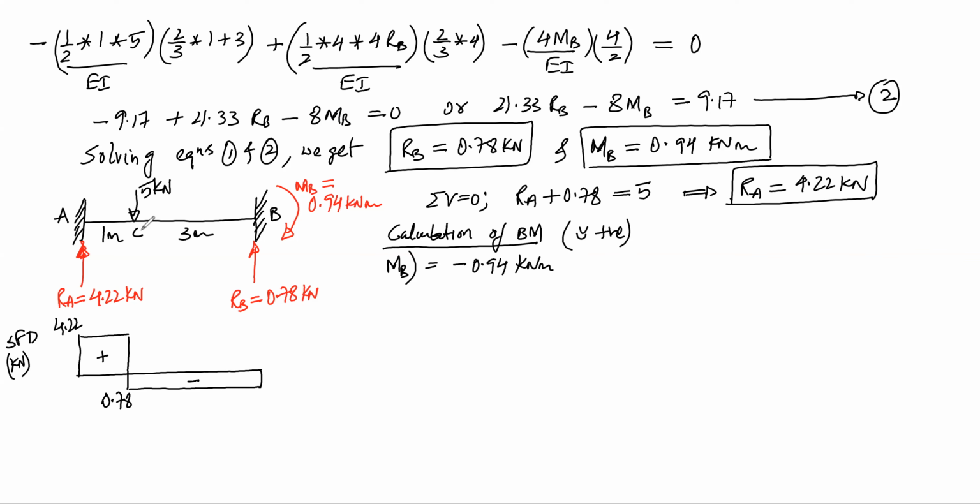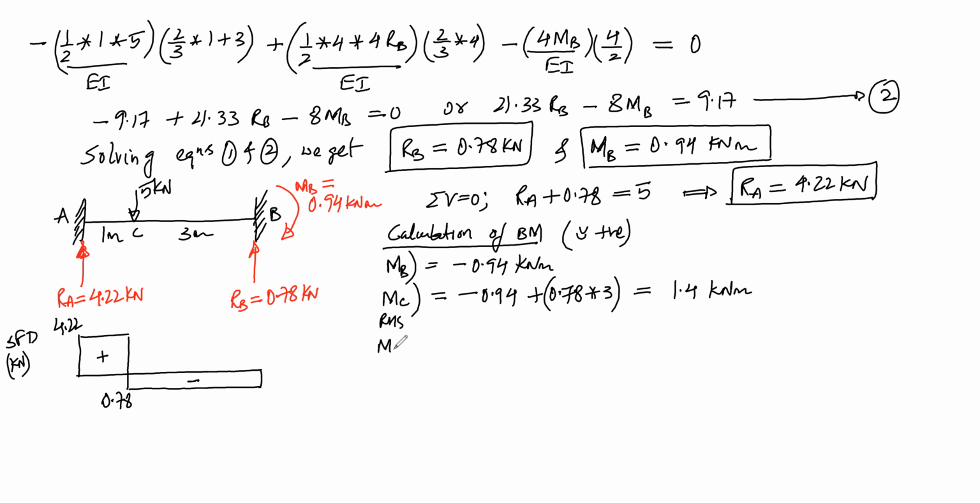Now we want moment at C. If I consider right hand side, this will be hogging 0.94 and 0.78 into 3, which is sagging. So this is plus 0.78 into 3. This is calculated as 1.4 kilonewton meter.